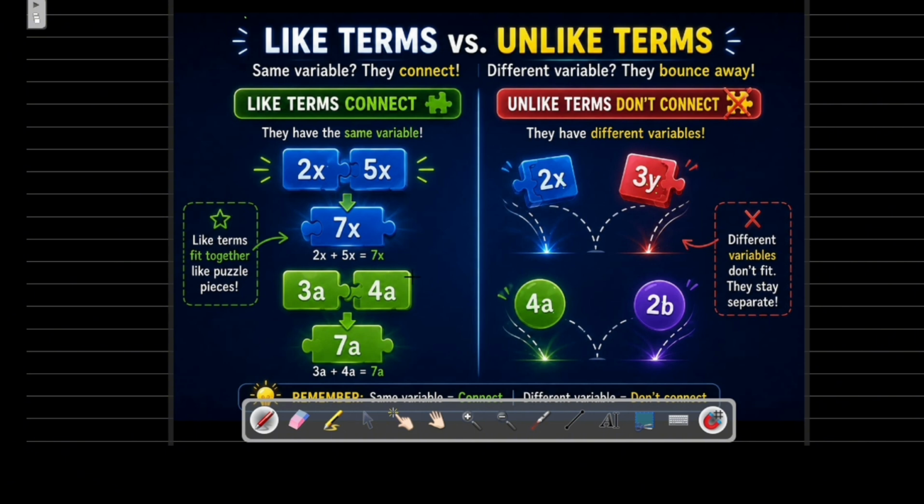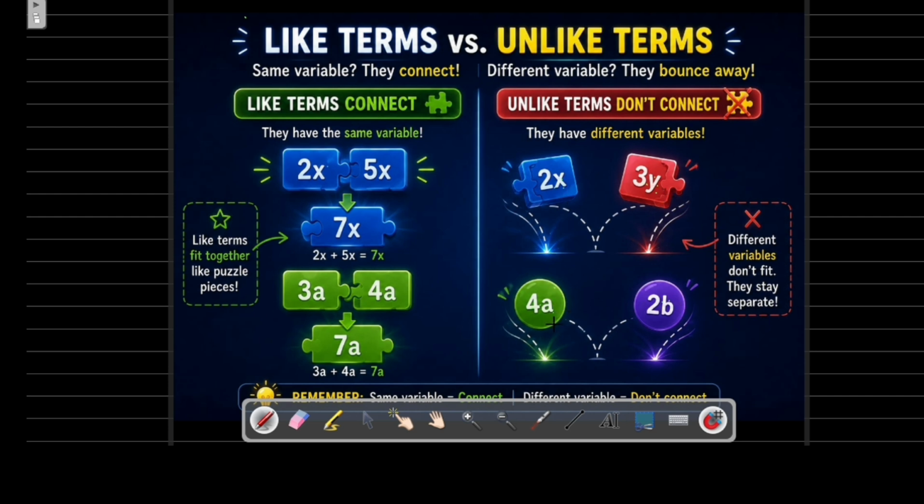The terms that have the same variable part are connecting with each other, meaning adding and giving the answer. For example, 2x plus 5x is equal to 7x and 3a plus 4a is equal to 7a. But on the other side of this picture, the terms which have different variable parts are bouncing away from each other, just like 2x and 3y and 4a and 2b.